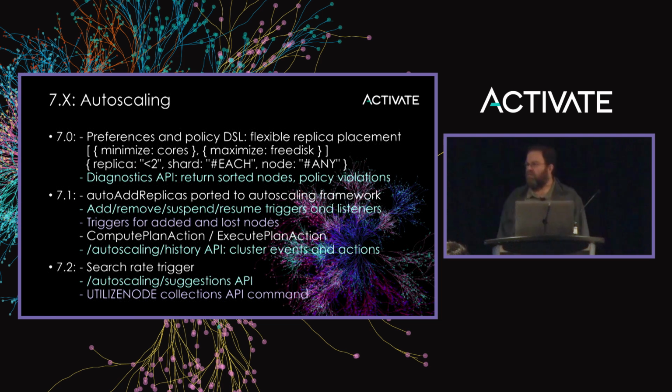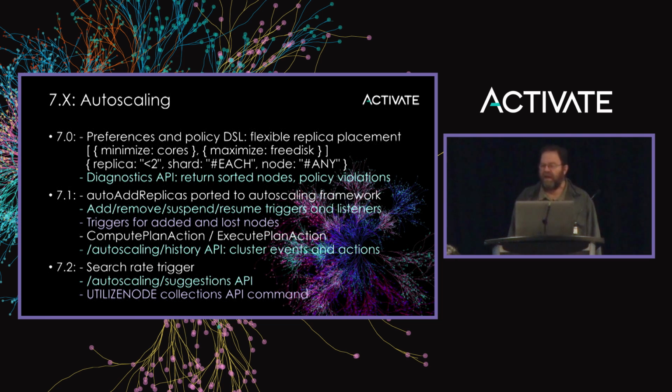7.0 also introduced a diagnostics API, which can return nodes sorted according to the preferences. So using the example of the preferences there to minimize cores and maximize free disk, the first node would be the one with the fewest cores.